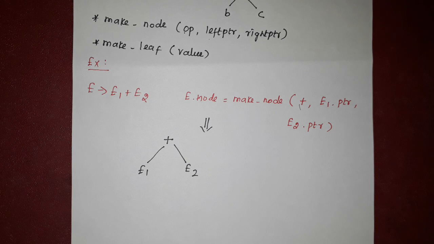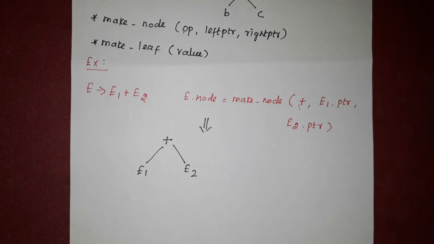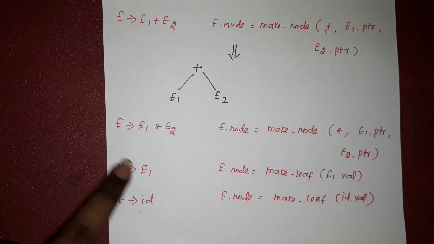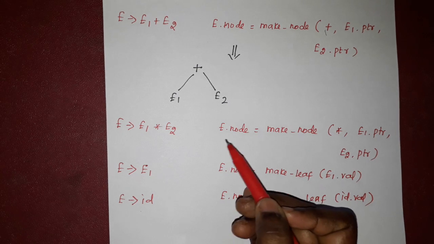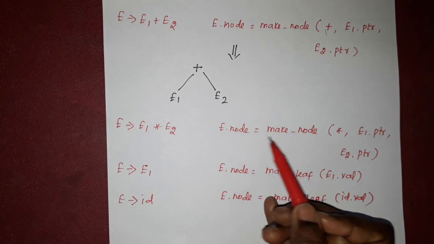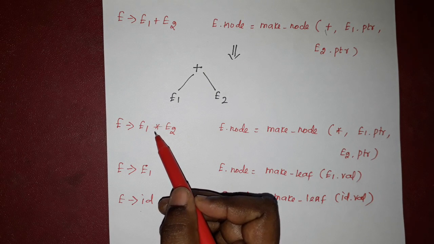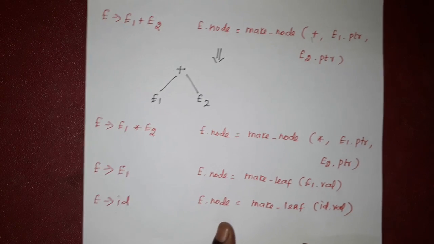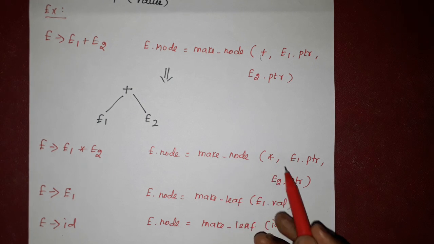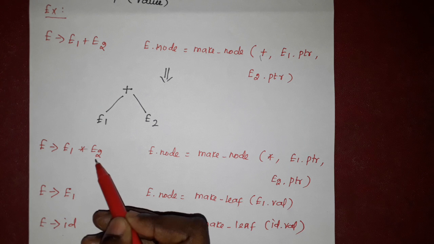Similarly, we can write any expression evaluation for constructing the syntax tree. Let us see other expressions. The second expression is E tends to E1 multiplication E2. So I am going to construct the node for this particular E. I write E dot node is equal to make node of the multiplication operator, where the left pointer is E1 and the right pointer is E2.